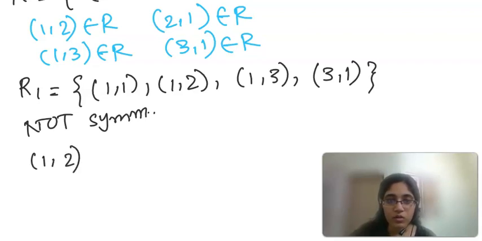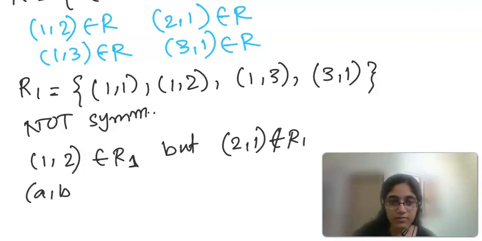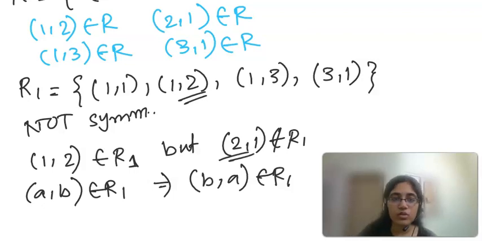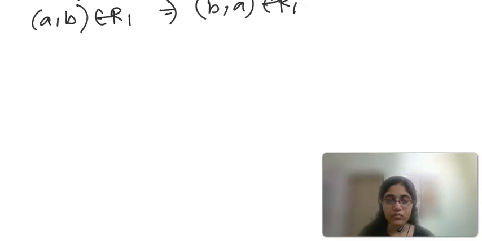Because (1, 2) belongs to R1 but (2, 1) doesn't belong to R1. From the definition of symmetric relation, we see that if (a, b) belongs to R1, then (b, a) must belong to R1, but (2, 1) doesn't belong to R1. So this is not a symmetric relation.